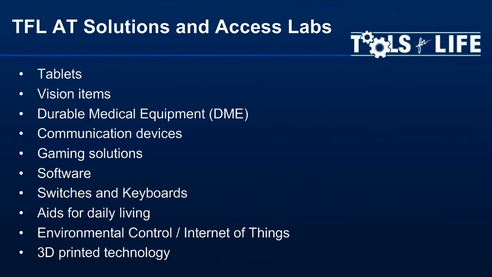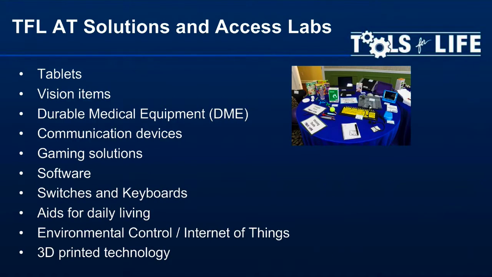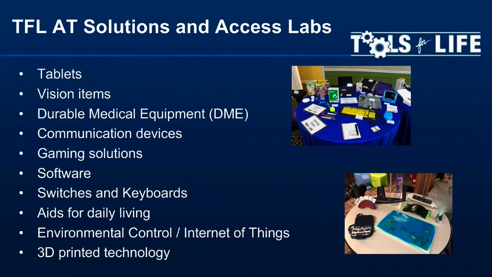So we have the Access Labs, and what we mean by that is you can actually come in and try things out. Technology, as Liz said, and as Danny has referenced, is changing all the time. And so this is a living laboratory, if you will, full of assistive technology solutions. Even yesterday we were talking about different technology that we're going to be buying specifically for the lab.